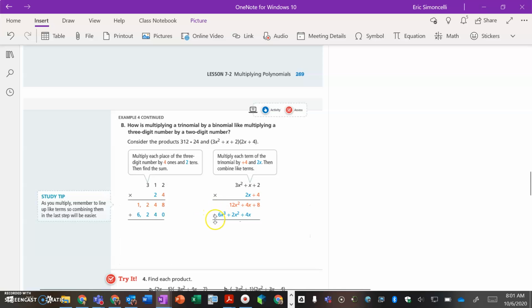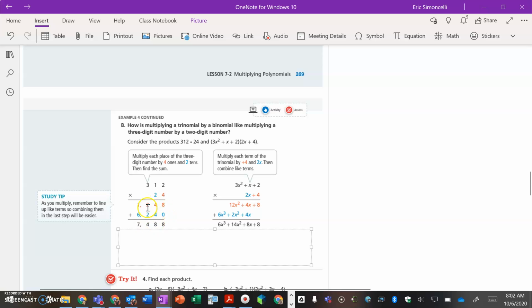So the math on the left does speak to a typical multiplication of the 3-digit number times a 2-digit number. So 2 times 4 is 8, 1 times 4 is 4, 3 times 4, of course, 12. You have a place value system here where you have a 0 placeholder essentially. 2 times 2 is 4, 2 times 1 is 2, 2 times 3 is 6.